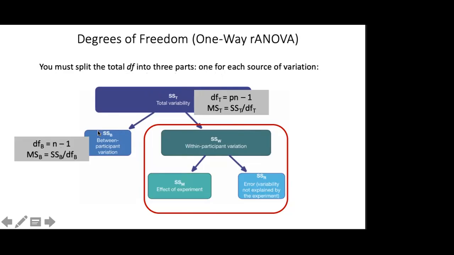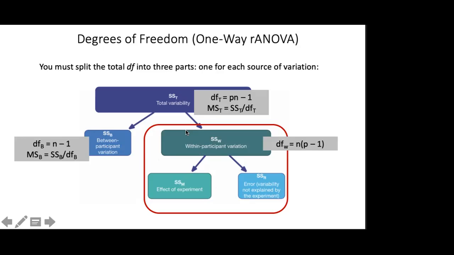Then the degrees of freedom for between-participant variation, which we're not interested in, is basically just the number of subjects minus 1, equivalent to what we're dealing with in the one-way ANOVA.